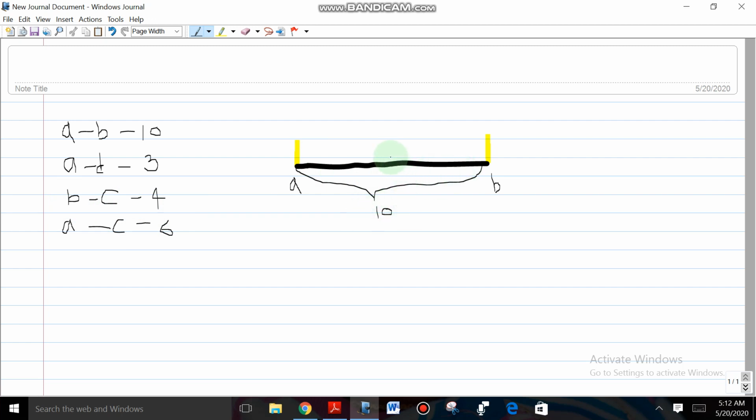Then where is C present? Obviously in the middle only. Why? I will tell here. Right? This is what? This is C. Why? Because A to B is equal to 10. A to C how much?